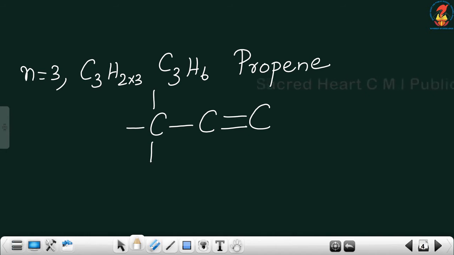On the left hand side 1 valency is occupied. Right hand side 2 valencies are occupied. Now, how many free valencies? 1. Third carbon, 2 valencies are occupied, 2 more free valencies. So, there you have to write hydrogen atoms. So, this is the structural formula of propene.